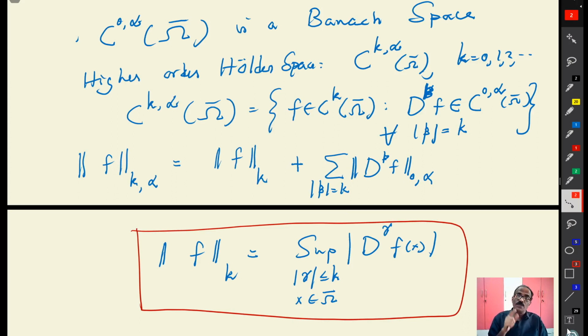So you look only at those f for which all possible kth derivatives, written by beta here, for all beta with order equal to k, you can define a norm.